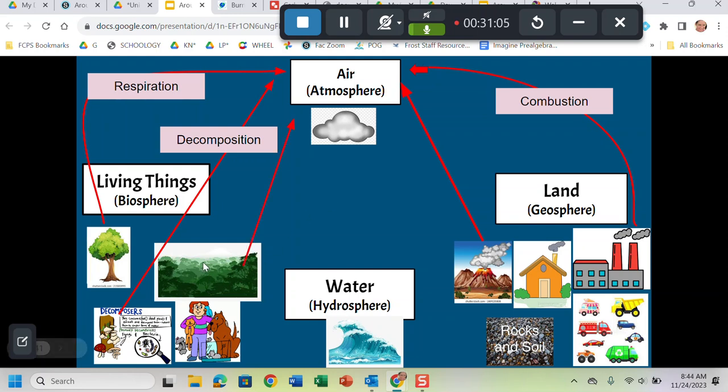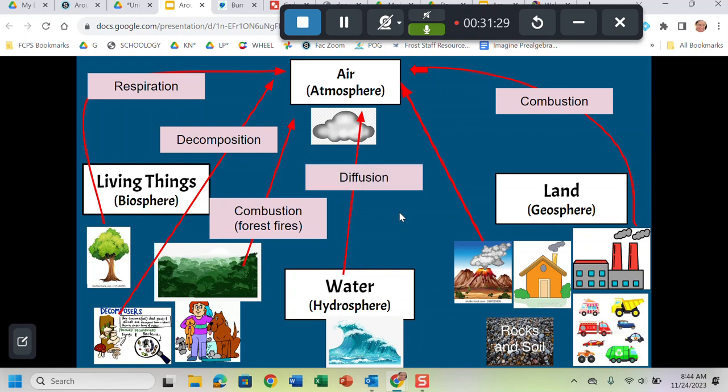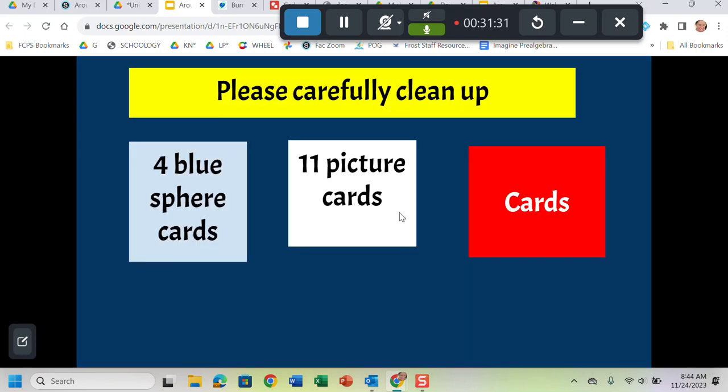If we think about a forest releasing carbon into the air, of course it can be through photosynthesis, but it also can be through combustion. So if there's some sort of a forest fire, that burning of the forest also can release carbon into the atmosphere. If we have water releasing carbon into the air, it's going to be through decomposition.